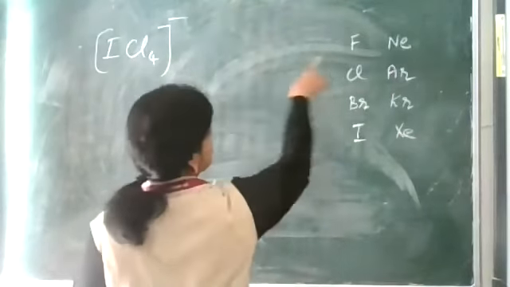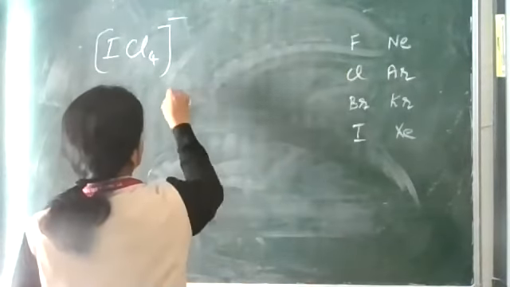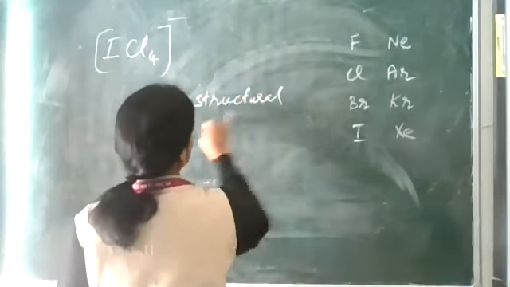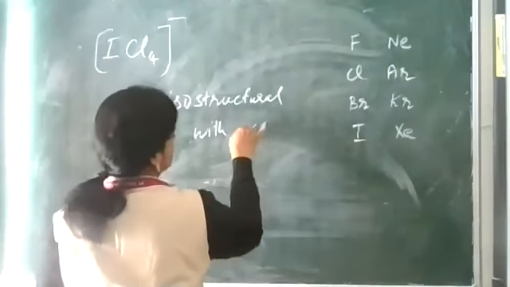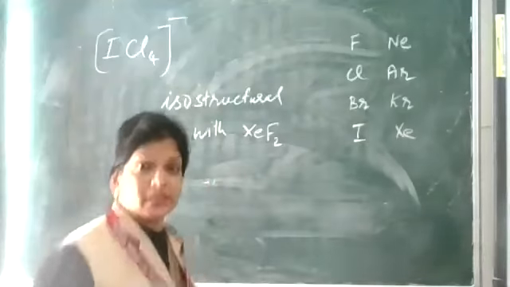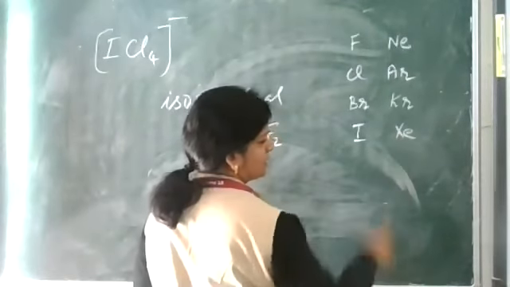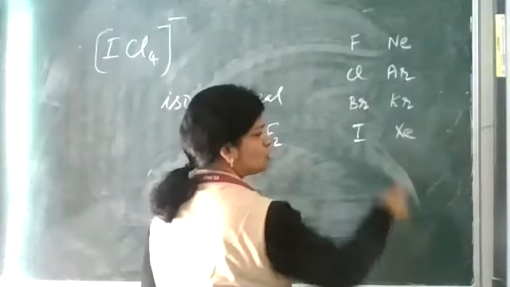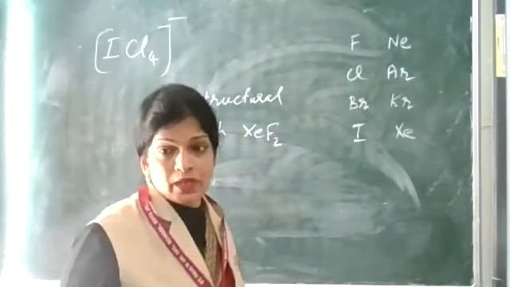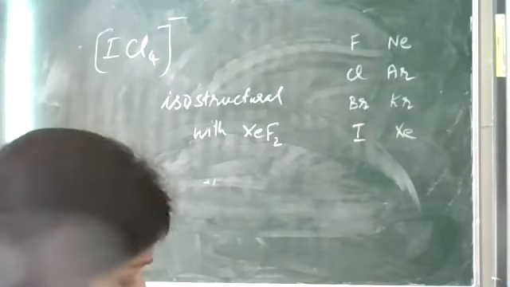Then Cl is similar to F. So this is isostructural with XeF4, which xenon compound. So I minus means you have to take it as Xe, or Br minus is also isoelectronic and isostructural. Br minus also you can take like this only.